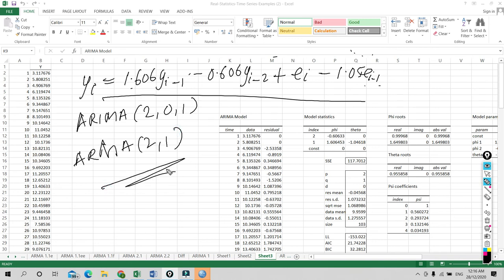So try to get this software or the Real Statistics software and try to play with the ARIMA model, and so on and so forth. Okay. So we select this model because the AIC here is smaller than the previous one.